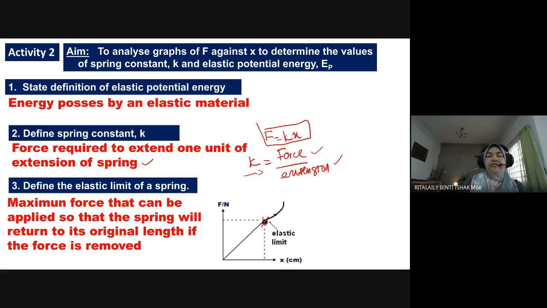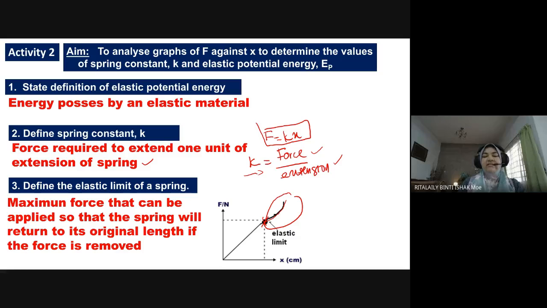After the point, if the force is increasing, it won't follow the directly proportional graph anymore. Dia akan jadi high wire. Because after this, extension dia dah tak directly proportional lagi. So this is elastic limit.